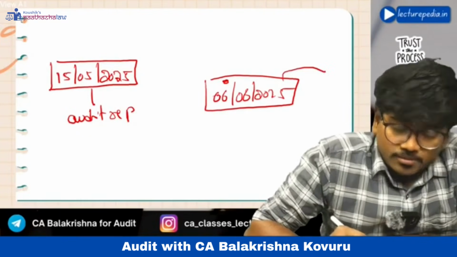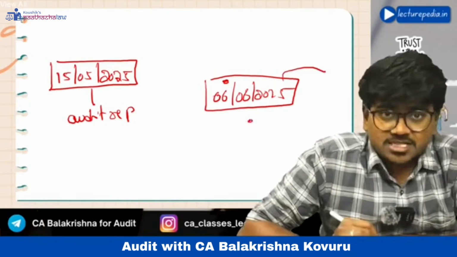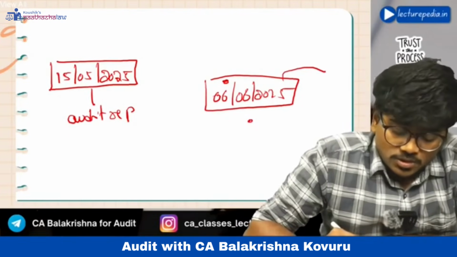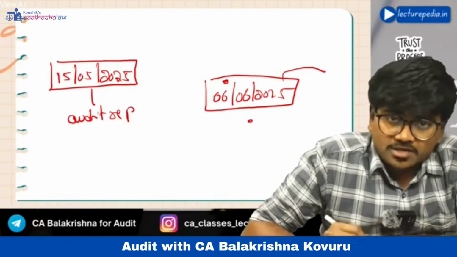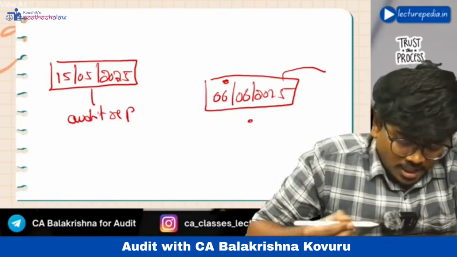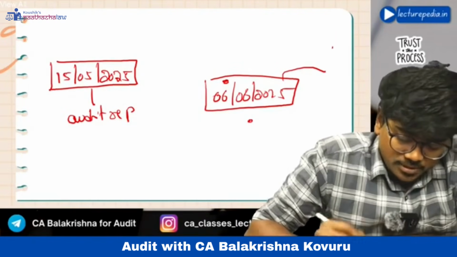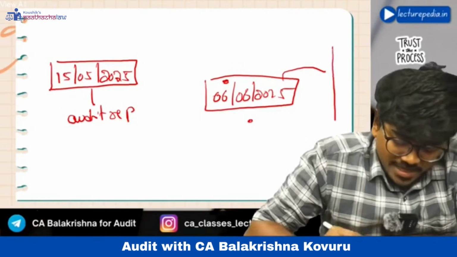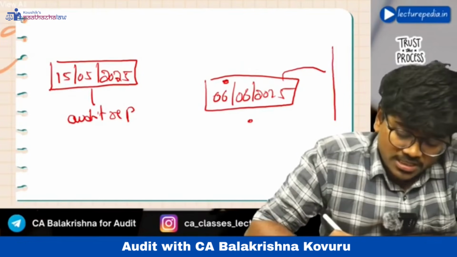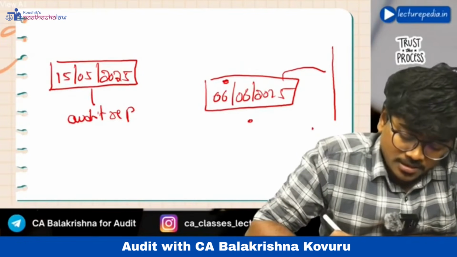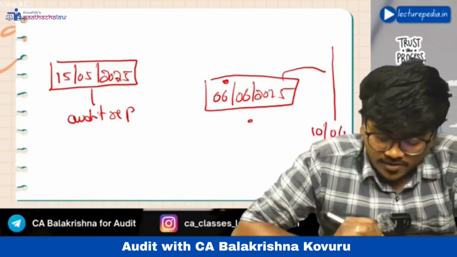Okay, if the management amends the financial statements, the auditor has to give his audit report again on the amended financial statements. So, for example, after the management has amended the financial statements, the auditor has given his audit report on 10th June 2025.